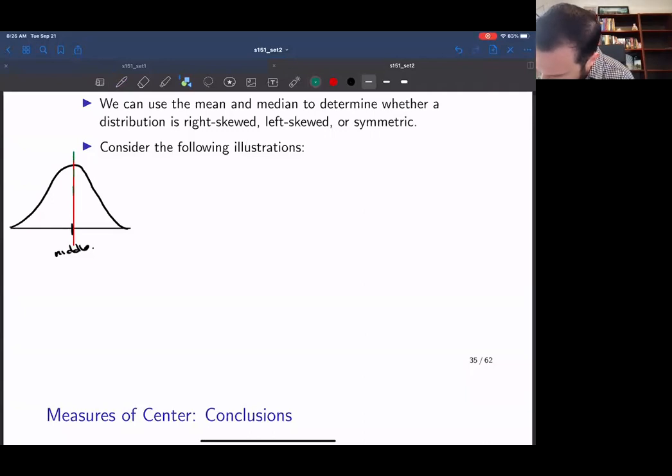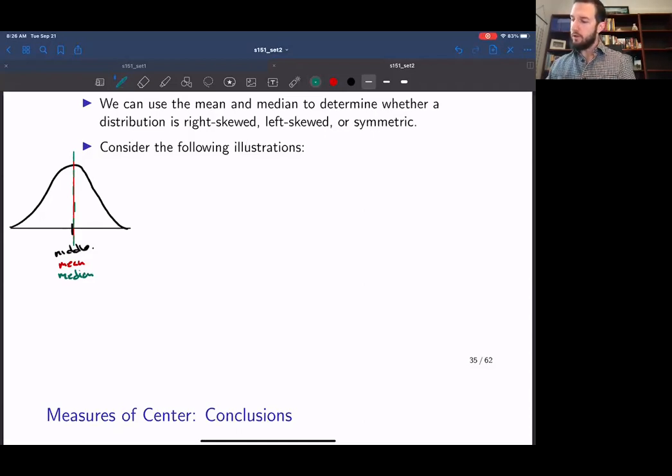I'll write this as a dashed line just so you can see it. So we have mean and we have median. With symmetry, they line up at the same point, which is the middle. So both the mean and the median are going to fall at the center.